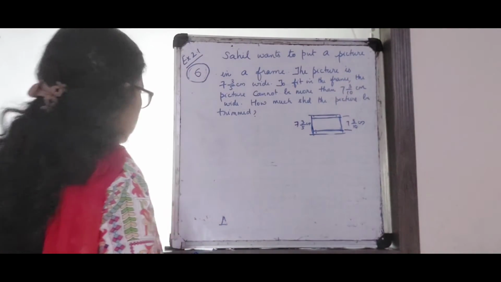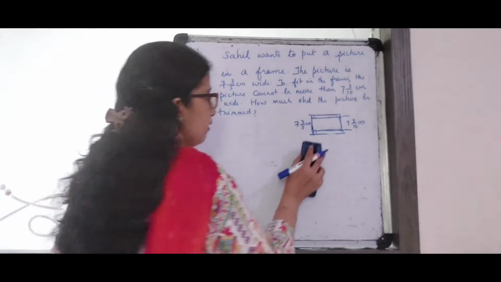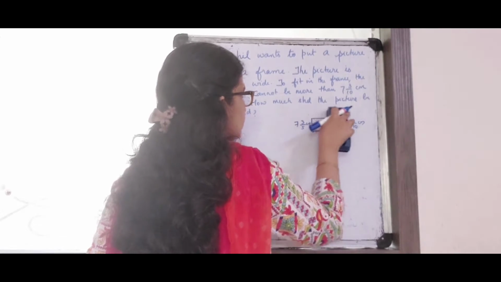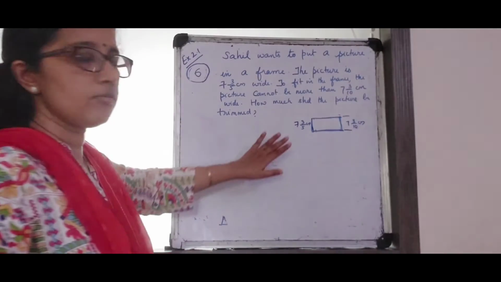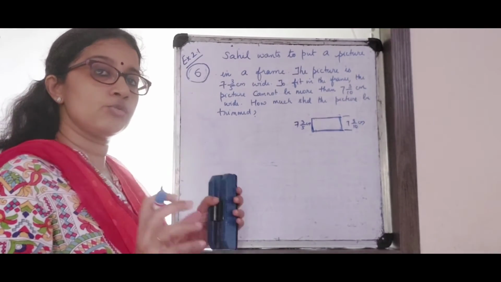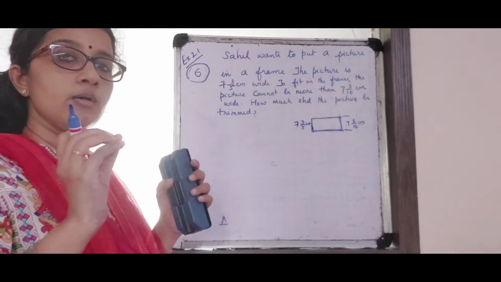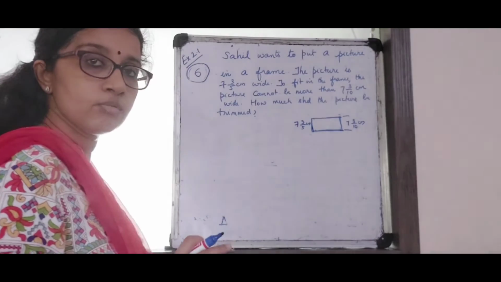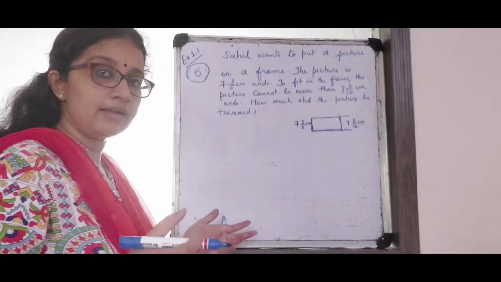So what should they do to fit it in the frame? They have to trim off this part, right? This part has to be trimmed off. Then only they can fix the picture into the frame. So we have to find out how much we should trim the picture so that we can fit it into the frame. So what should we do? Obviously we have to subtract, no?